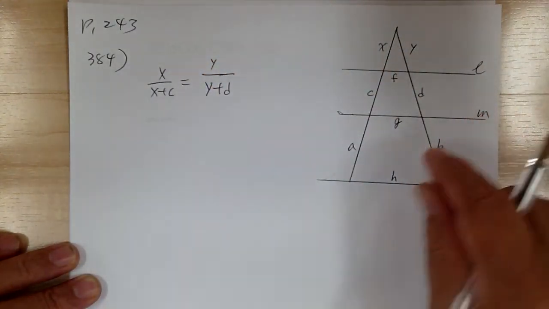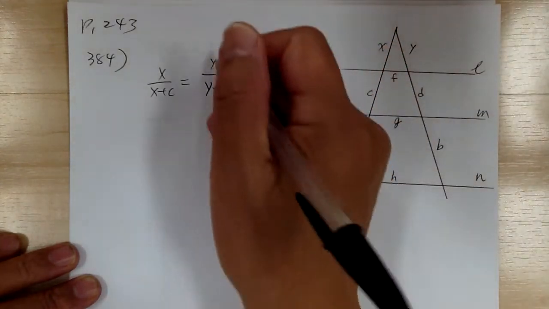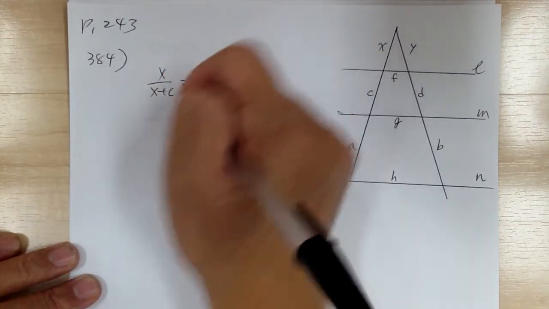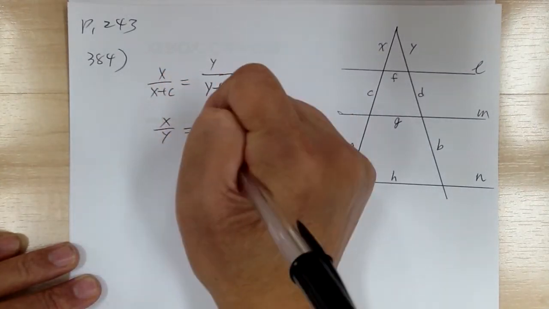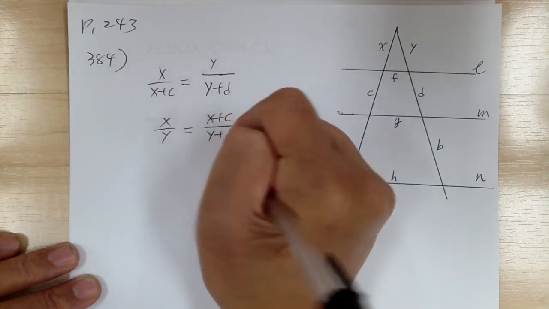Using similar triangles, small over medium equals small over medium. I'm going to cross multiply and move things around. So you get x over y equals x plus c over y plus d.